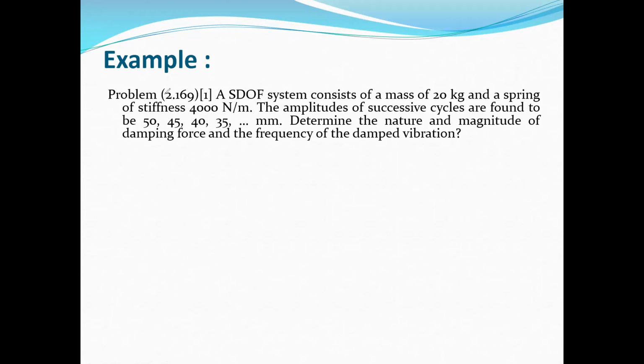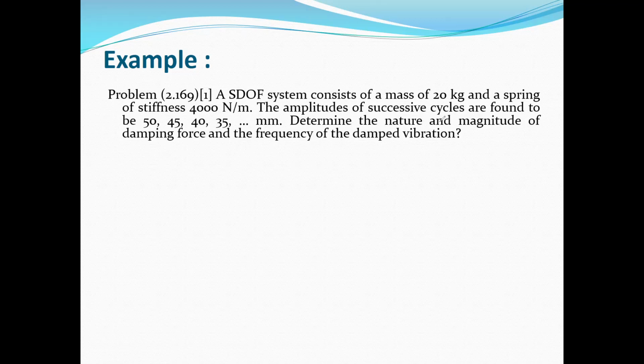Okay, we continue with one example. A single degree of freedom system consists of a mass of 20 kg and a spring of stiffness 4000 Newton per meter. The amplitudes of successive cycles are found to be 50, 45, 40, 35, and so on.